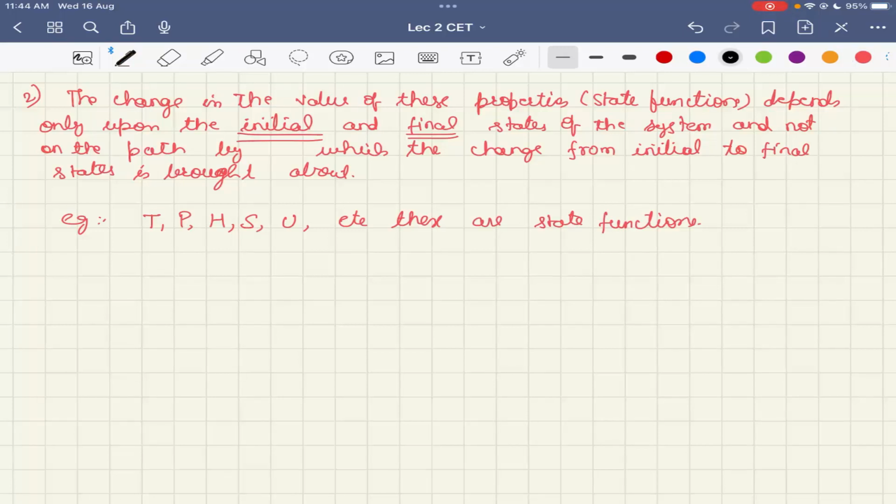path functions. Okay, so path functions, so these are the properties of the system which depend upon the path which is taken by the system, right?